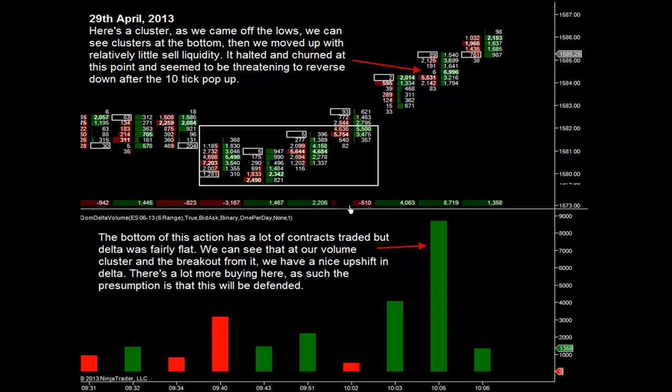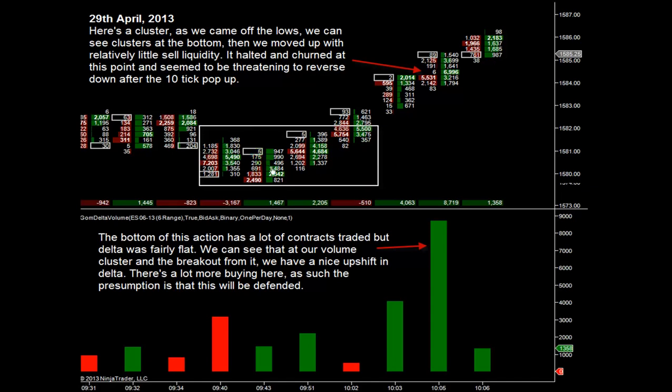So if you were watching the delta for clues as to what was going on, it wouldn't really be giving you much of a clue. The delta actually only starts building as we move away from the low. And that's where the delta starts giving us some confirmation in terms of a bias, a long bias. But otherwise, looking at the delta, you really wouldn't have a clue that exceptional volume had traded in this area.